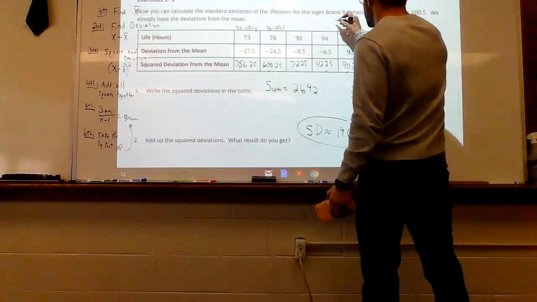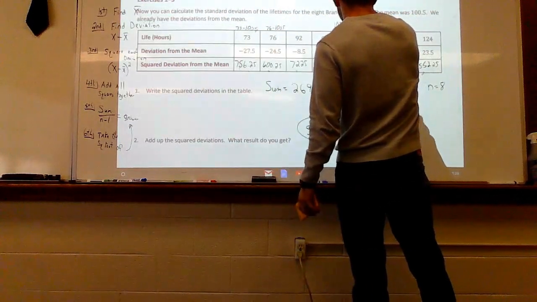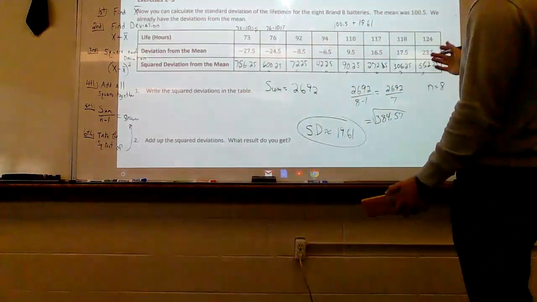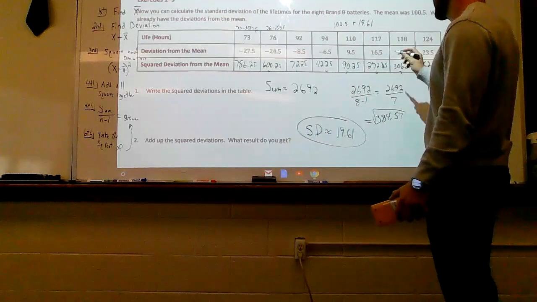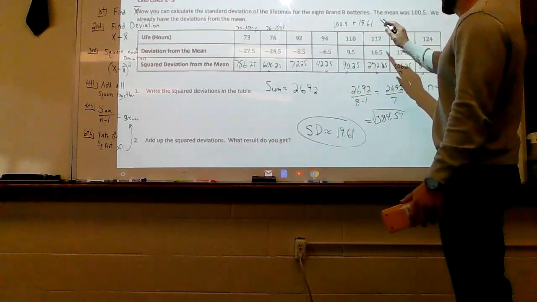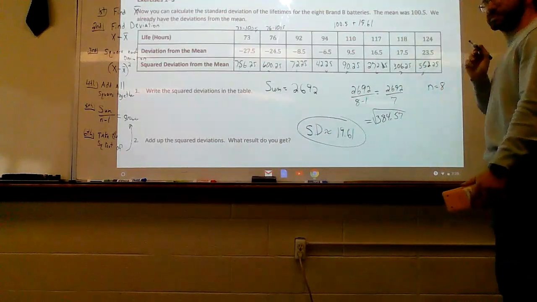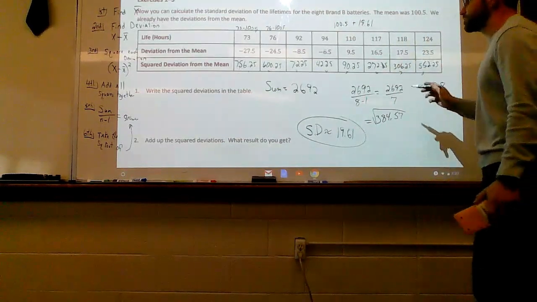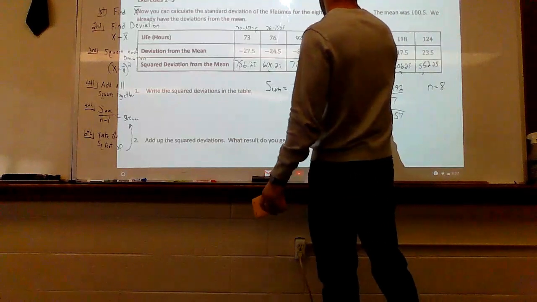What this means is, if I go at 100.5 and I add 19.61, that puts me at 120.1, something like that. This is within a standard deviation. This is within a standard deviation. This is outside of that one standard deviation. I can do the same thing if I take it away.